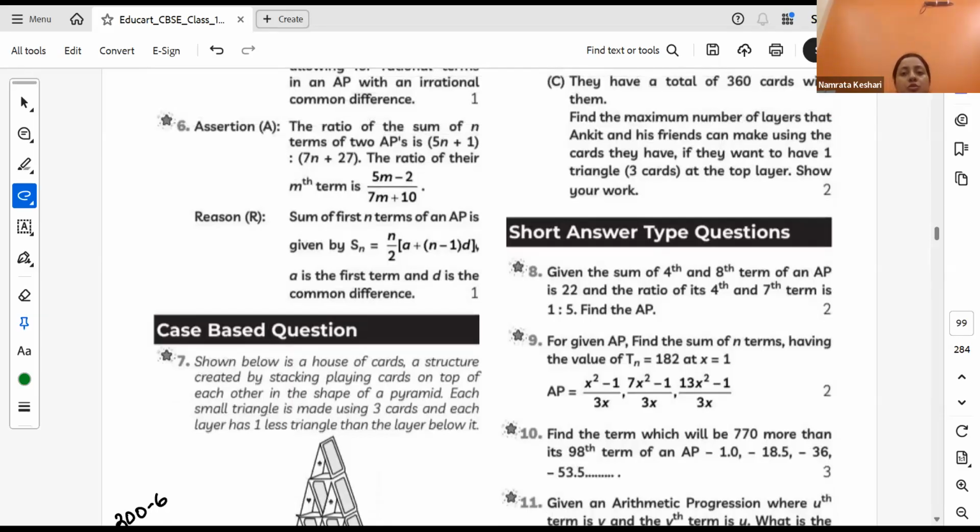Do you want to try question number 8? Please try.